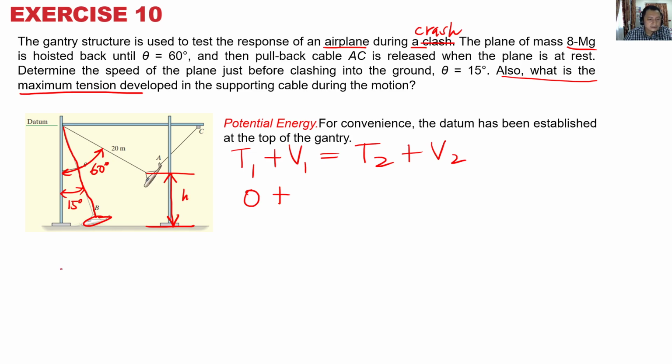How do you find the height? I think you just have to find the angle. Okay, let's do this.